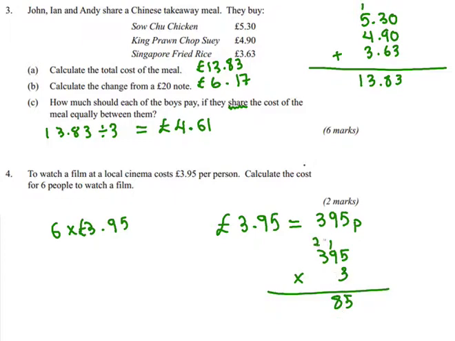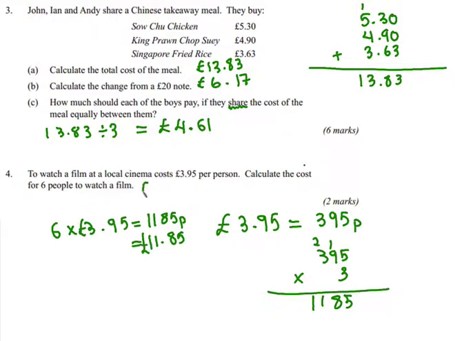Carry the 2, remember it's 28. 3 times 3 is 9, plus 2 is 11. So 6 times £3.95 is 1,185. Well, here our calculation was in pence, so it's going to be pence. To convert that into pounds, we divide it by 100, so it's £11.85.